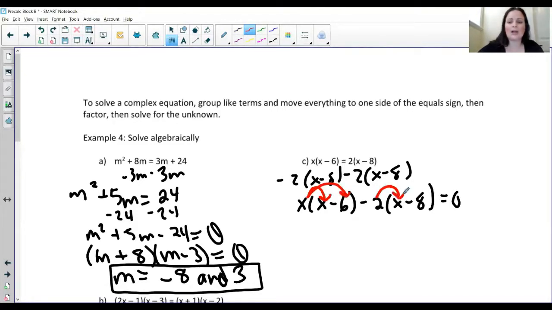So I'm going to be multiplying each of these things by the coefficient in front of them. So x times x is x squared. x times negative 6 is negative 6x. Negative 2 times x is negative 2x. And negative 2 times negative 8 is positive 16. And that equals 0.